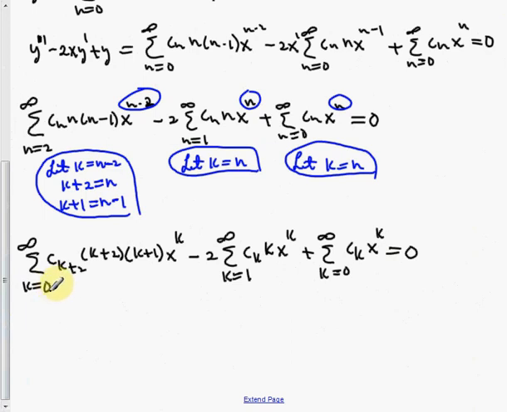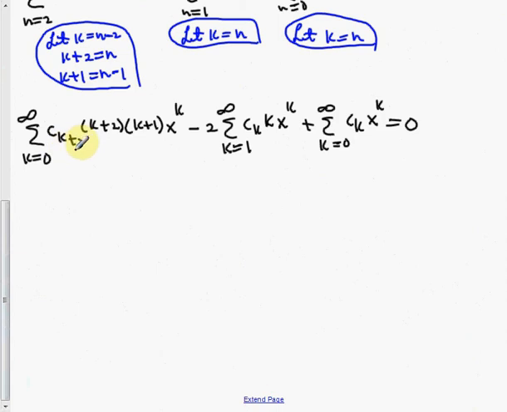This is starting from k equal to 0. The second summation is starting at k equal to 1. This one starts at 0. So I need to evaluate the ones that start at k equal to 0, and then I can have them all after that starting from k equals 1 to infinity. So we're going to evaluate this one.